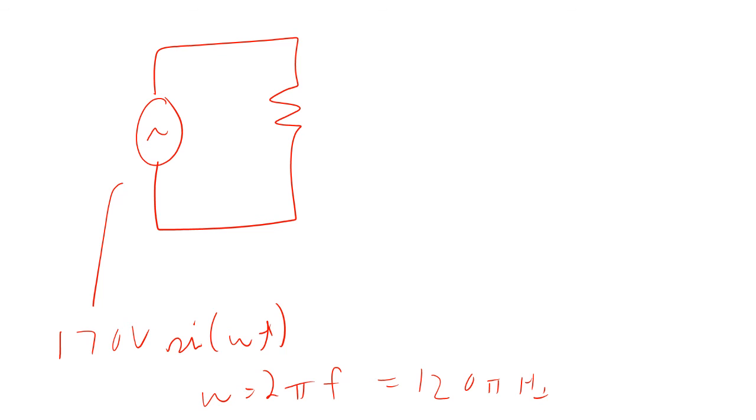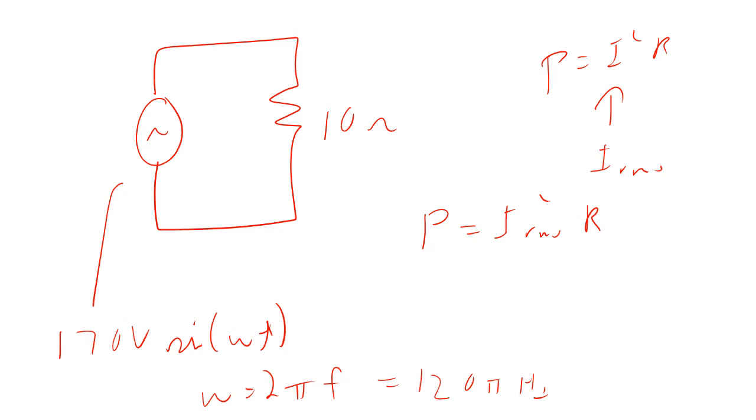If this were a 10 ohm resistor, then we would ask, what's the average power? Well, the average power is I squared R, but we want to find the average I, so we use the IRMS right here. And so the power would be the IRMS squared times R.